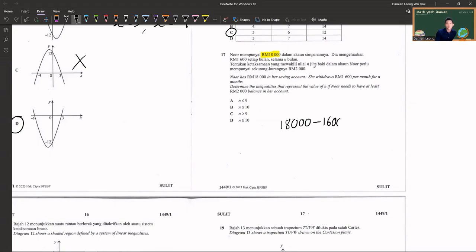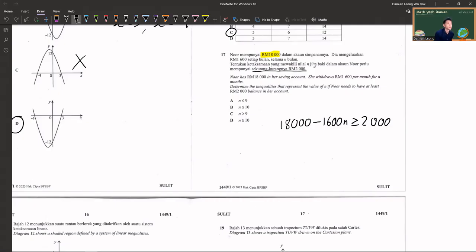So it's 1,600 times number of months, darab dengan nombor bulan, yaitu N. So after subtracting, it has to have at least, sekurang-kurangnya, 2,000 ringgit. Sekurang-kurangnya maknanya dia mesti lebih daripada atau sama dengan 2,000 ringgit. So more or equals 2,000. This is the inequality that we have.